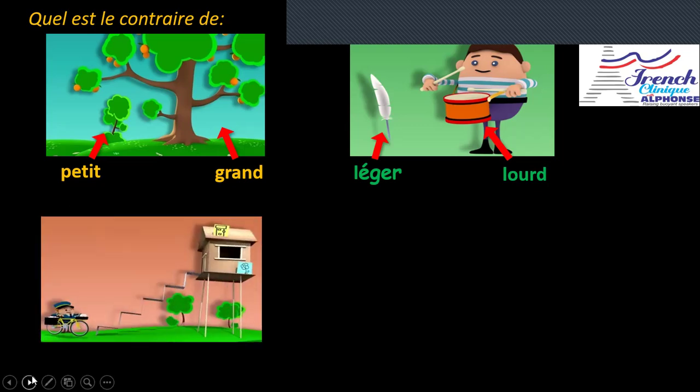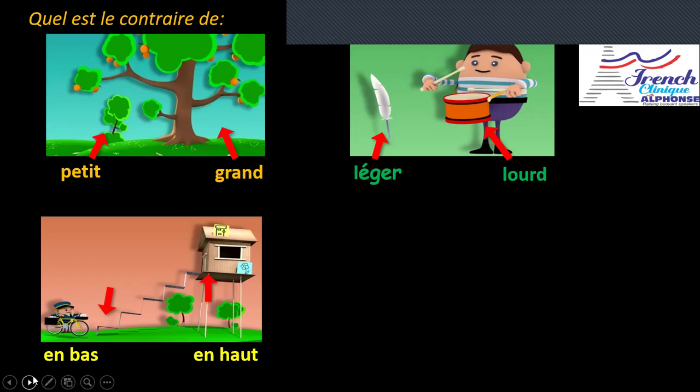Look at this. When I say en bas, and the next one says en haut. Look at the arrow. One is en bas, the other one is en haut. So you should know what that means. Check your dictionary, then you'll be able to see the meaning.